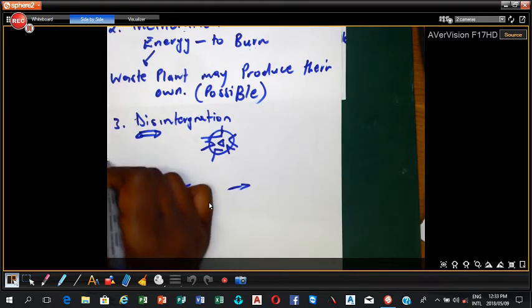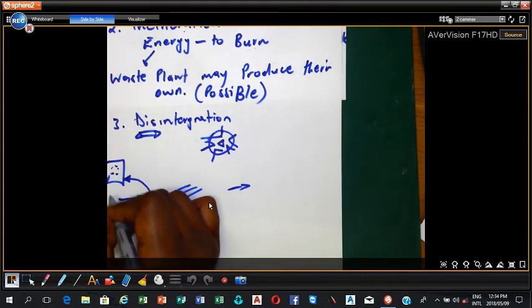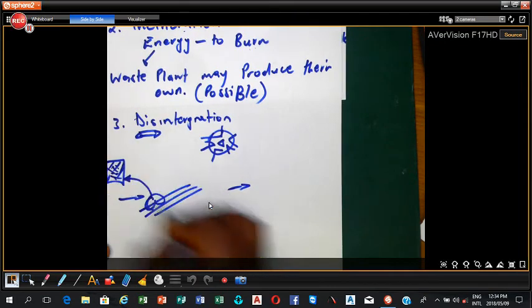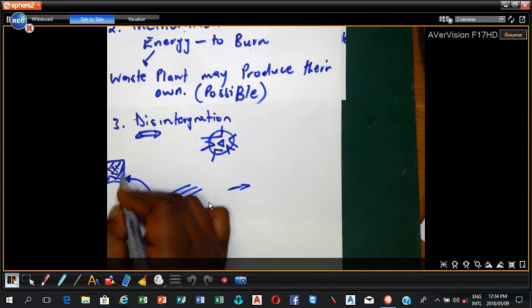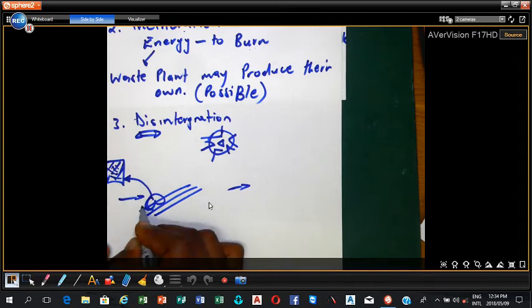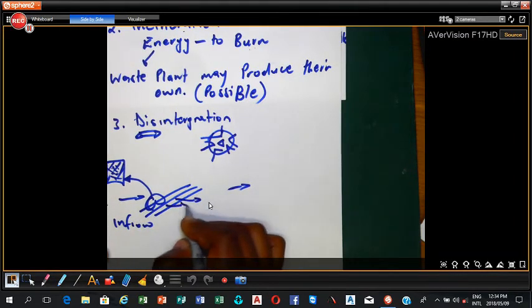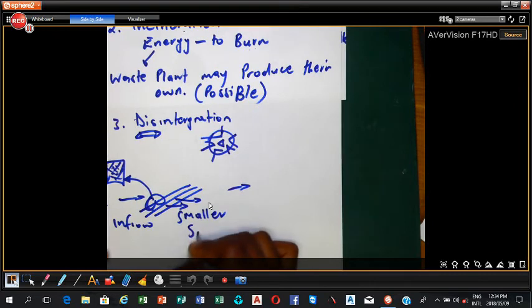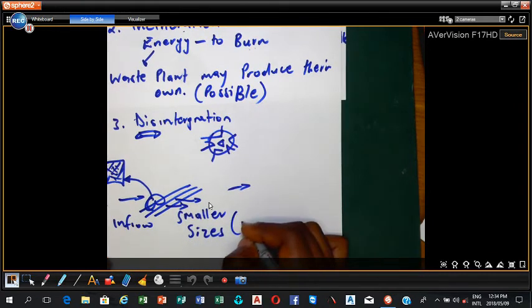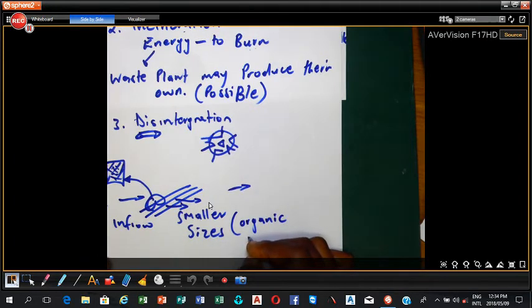We broke them down inside here. After we broke them down, we channel them back to where the inflow is. If you put them again where the inflow is, they will be conveyed through the flow, and most of them will manage to seep through because now they are in smaller sizes. And now there are types of organics that can be disintegrated.